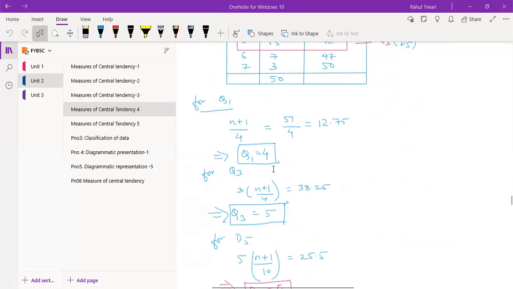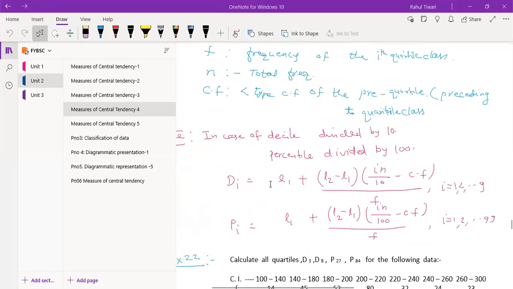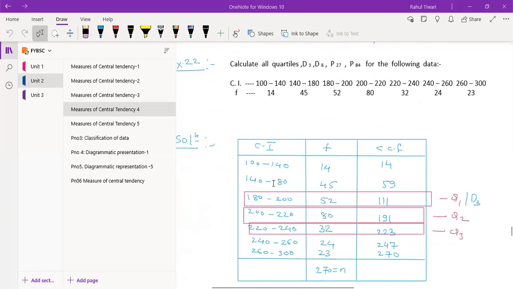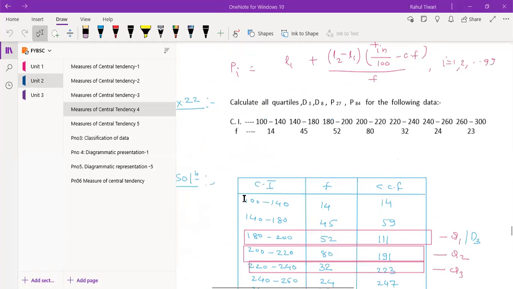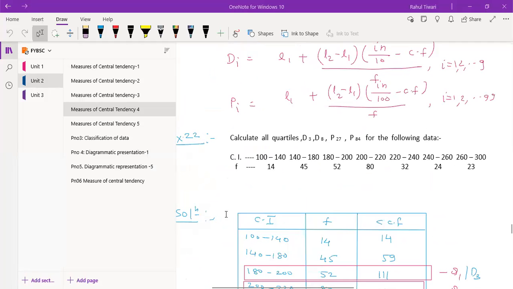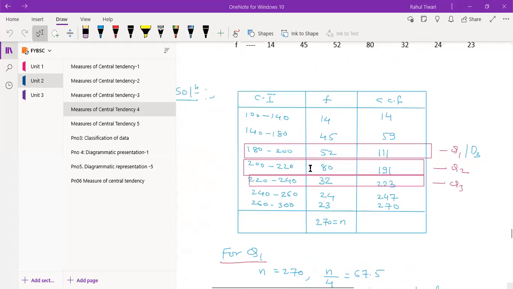You can refer to any one for solving that. You can refer to example number 22. Are you able to see the screen? Go to the chat box and write down.